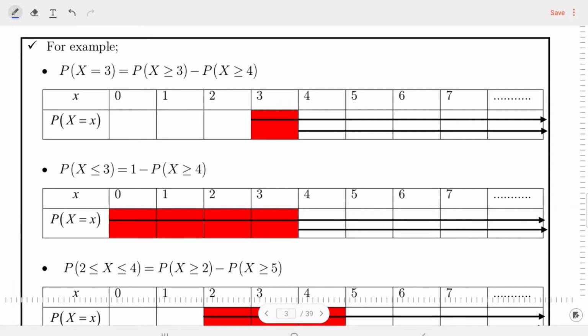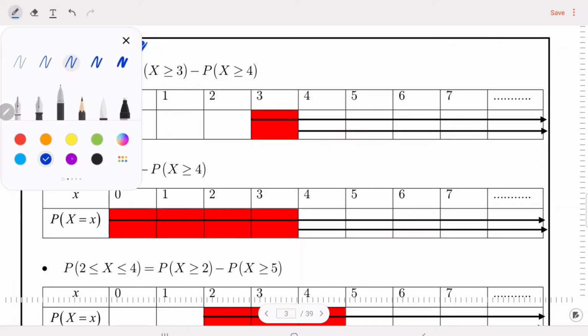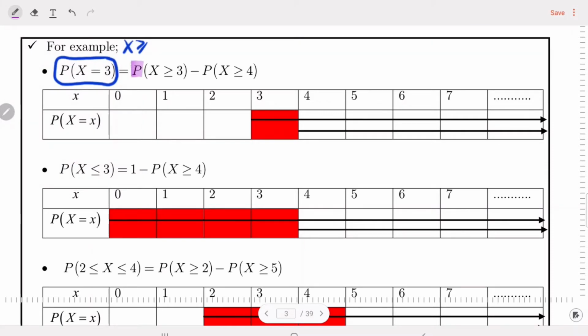For example, if we would like to find P(X = 3) by using the Poisson table, we need to change it into X greater than or equal. So it's going to be P(X ≥ 3) minus P(X ≥ 4).